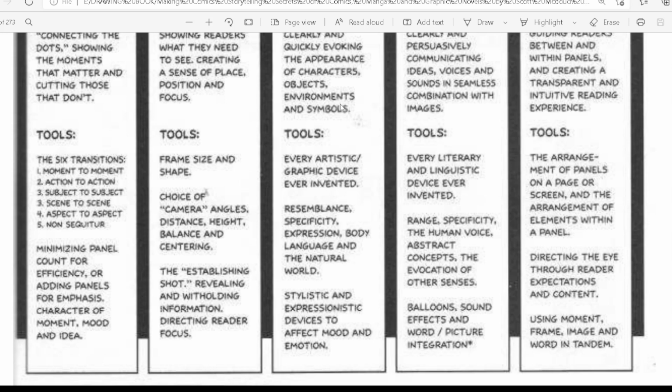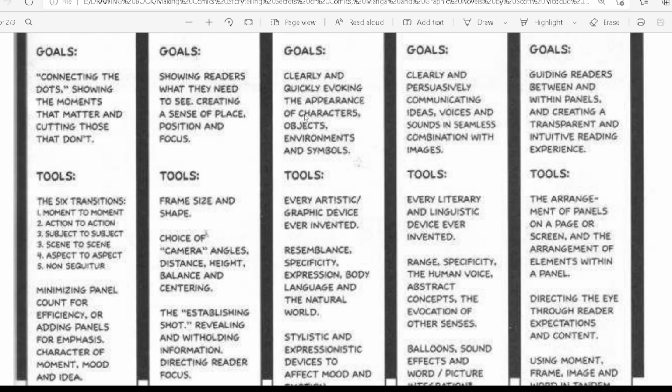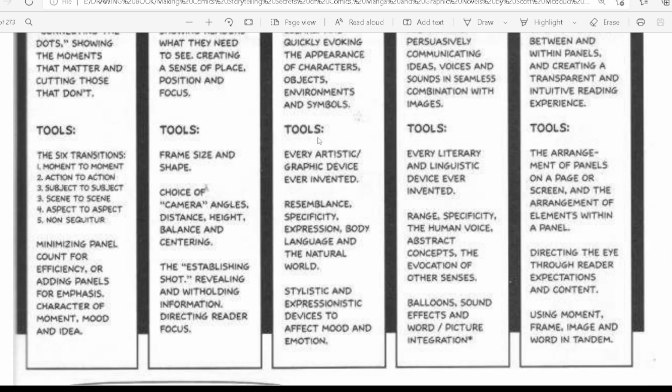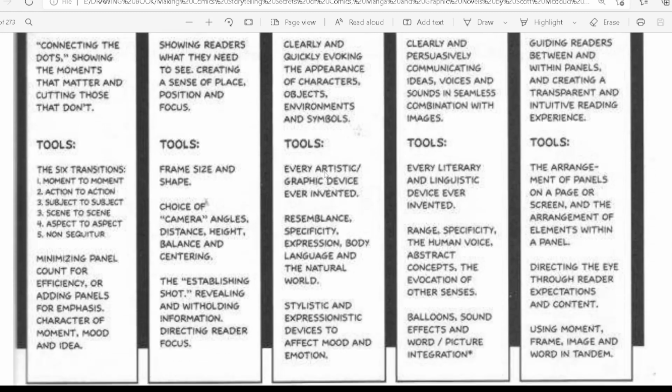According to that, you're going to make a frame, and you can change the frame size or shape. It depends on what kind of characters are there and what kind of environments are appearing. So basically it depends on that.